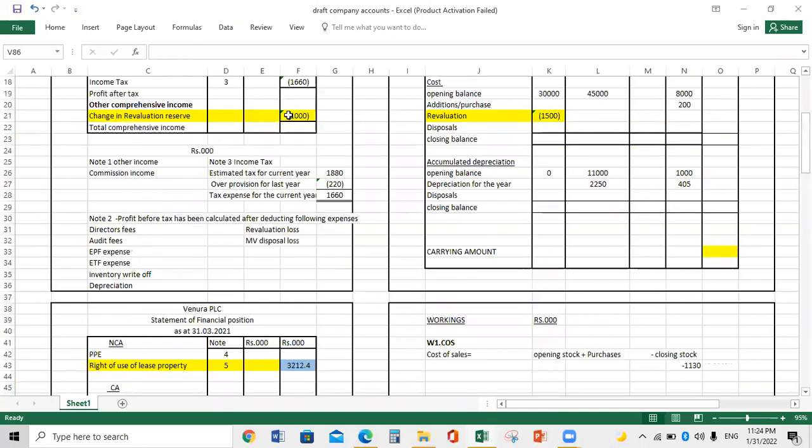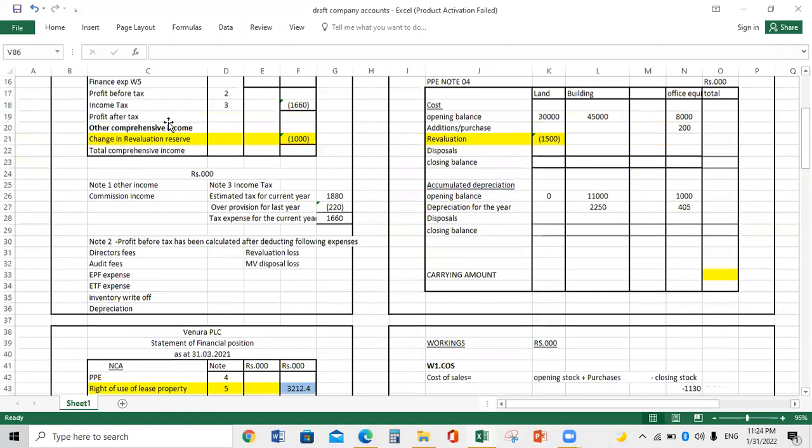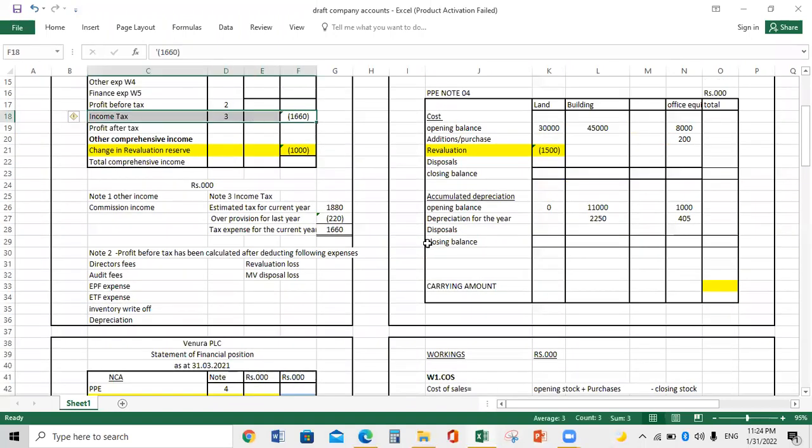Income tax for the year is 1,660. Income tax payable is 480. Current liability payable, you record.